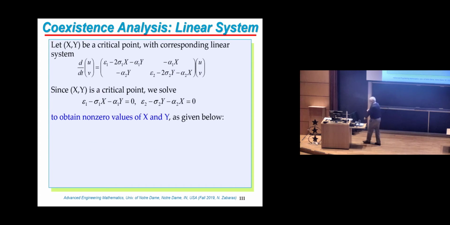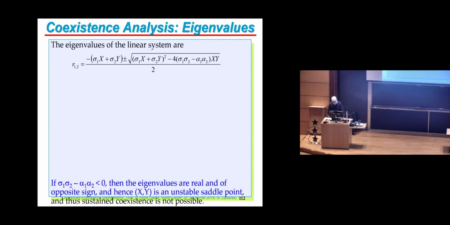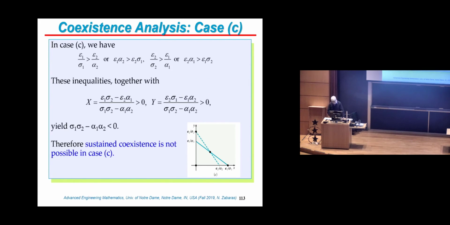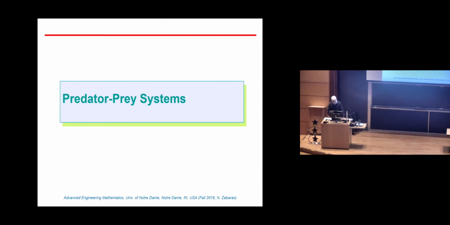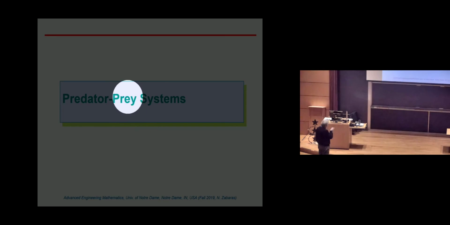So let me do another example. We're going to assume that we have two species. One species eats the grass in your yard, but the other species that we call the predator eats the prey.